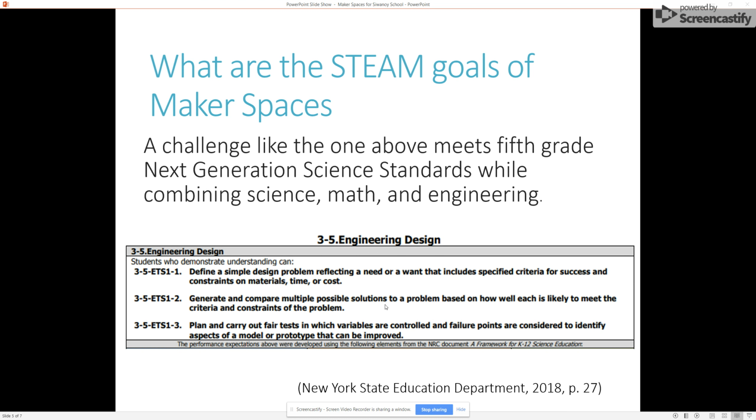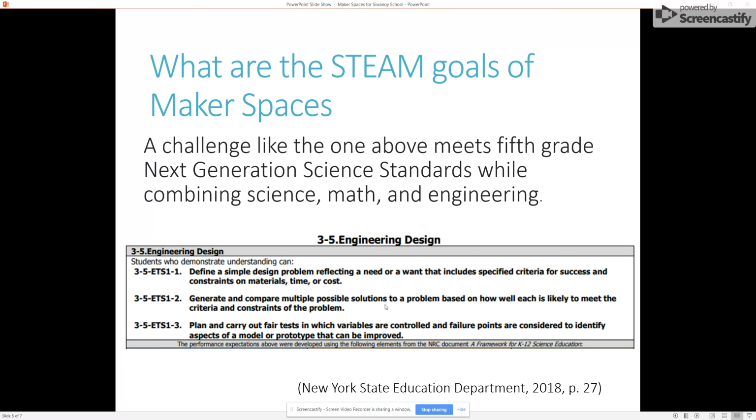So one of the big goals of makerspaces is that it fills an educational need. In this case, we're going to be working within the sphere of the Next Generation Science Standards while combining math, science, and engineering, something that may be isolated within particular topics, particularly when we have to accommodate for state testing.